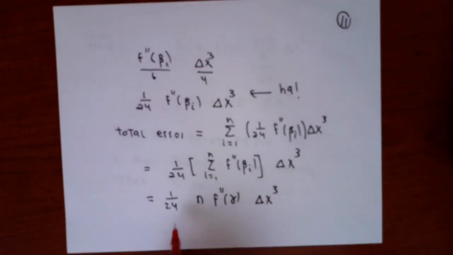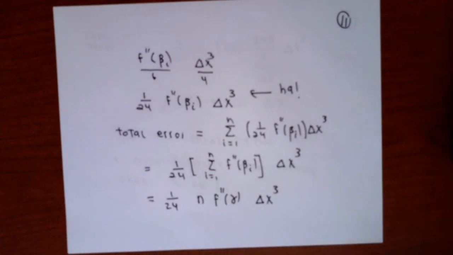So here we end up with 1 over 24 times, using our summation formula again, n times second derivative of f at gamma times delta x cubed, and the n is going to have the same effect that it had before. It's going to have the effect of lowering the power on the delta x by 1.